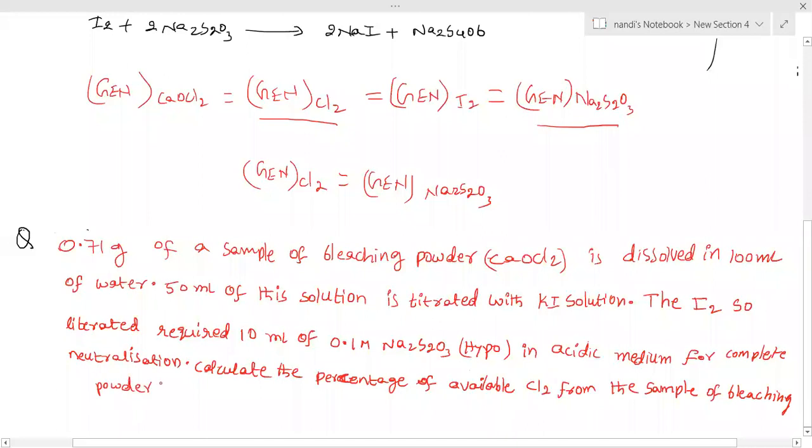Clear? So this is the question, sir. The question will take too much time to write, but the answer you can do very fast.